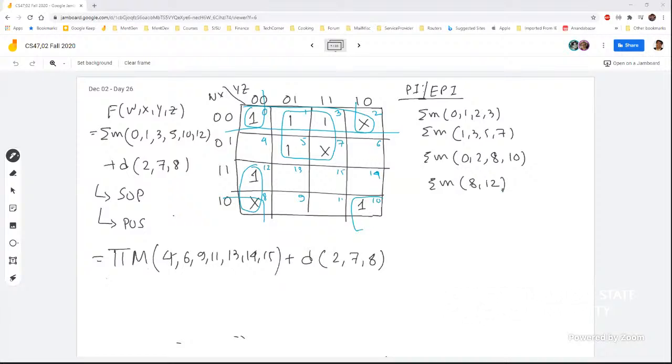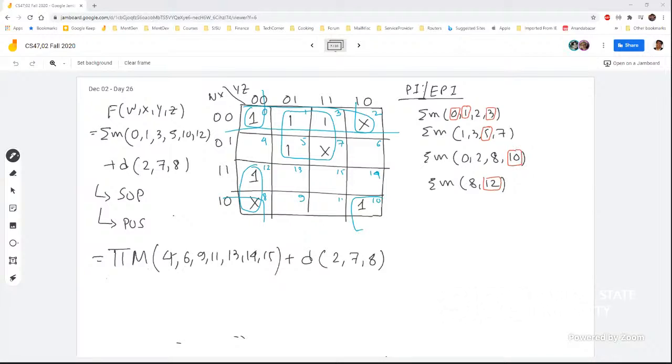Let's check that we have covered all the ones. 0 is covered, 1 is covered, 3 is covered, 5 is covered, 12 is covered, 10 is covered.